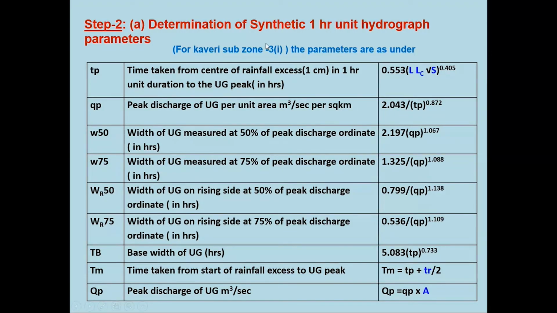S is the equivalent slope, A is the area, and TR is known, a fixed value of 1 hour. By that you will get all the ordinates: TP, W50, W75, WR50, WR75 and TB. These, and the QP, are the values you need to find to draw the hydrograph.